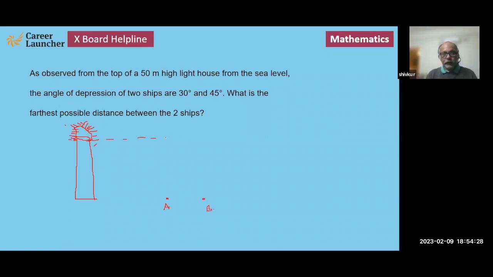So if I take the line of sight, ये जो angle of depression है, एक का 30 degrees है, दूसरे का 45 degrees है. So this is 30 degrees, this is 45 degrees. इस case में अगर both of them are in the same line, right, दोनों same line में हैं, this will be the least distance.